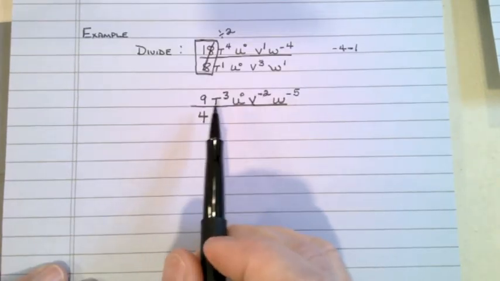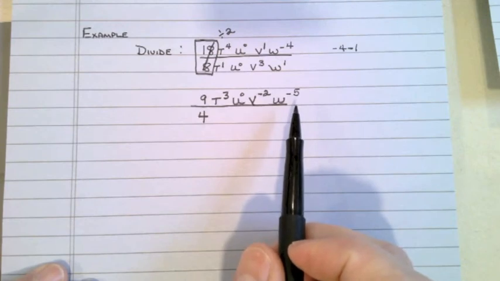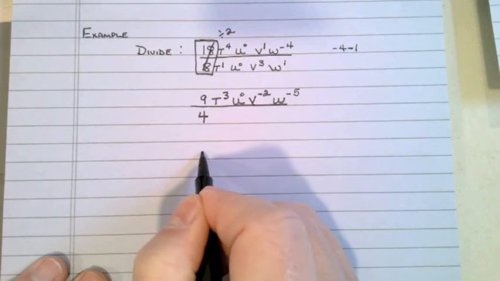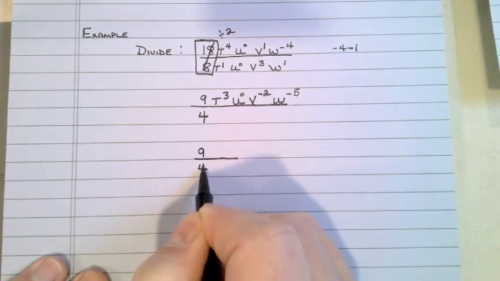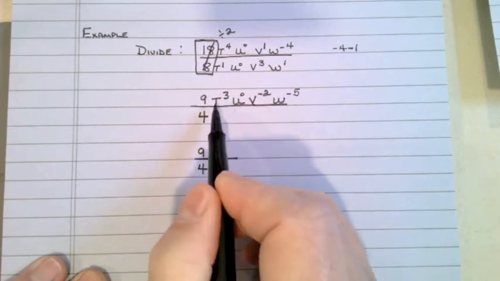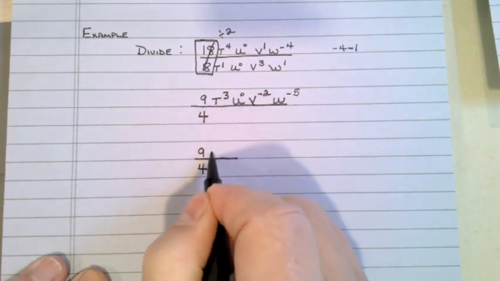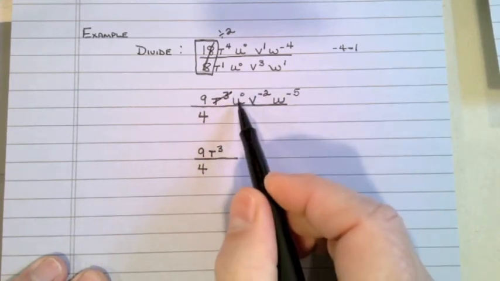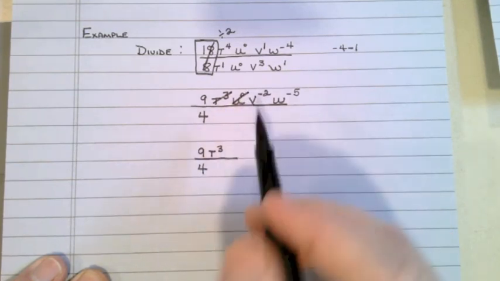Now I need to clean this up. Anything that has an exponent that's negative needs to be moved into the bottom. So I want to write down my 9. Write down my 4. See if this t to the third needs to be moved. No, it stays in the top. T to the third. U to the 0. That means I have no u's, so I just mark through that one.